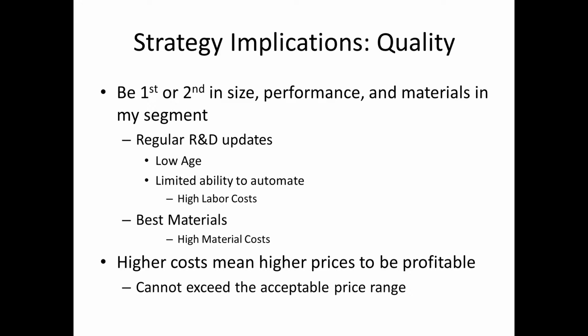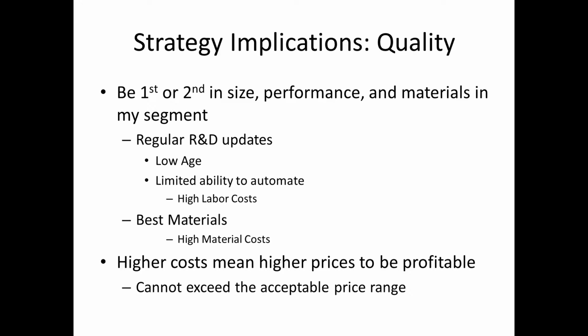And you don't want to be having R&D cycles that run longer than a year on the one hand, but you also don't want to have R&D cycles that don't make changes in size and performance that'll keep up with the rest of your competitors on the other hand. So you'll have limited automation, and that means you'll have higher labor costs. Just can't help it. The other implication is you're going to want better materials. Better materials also have higher material costs.